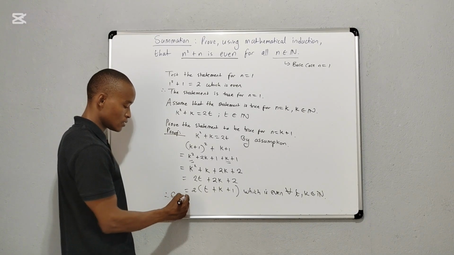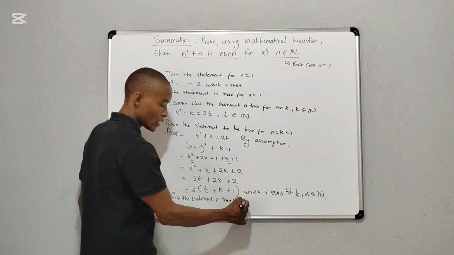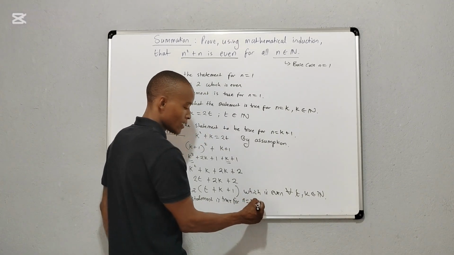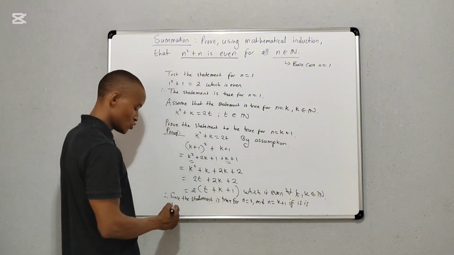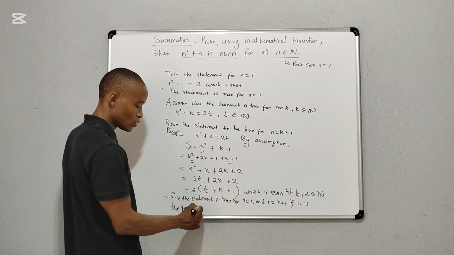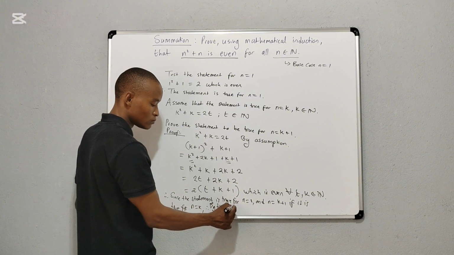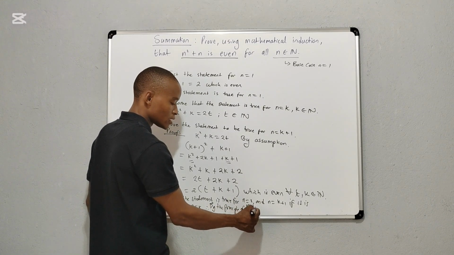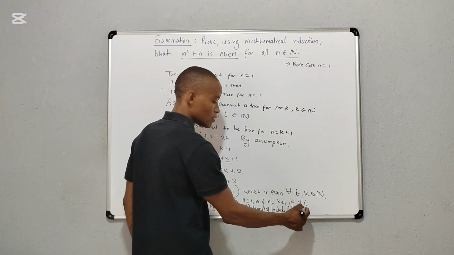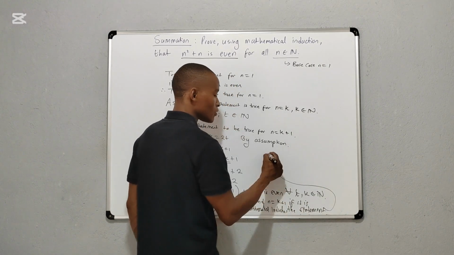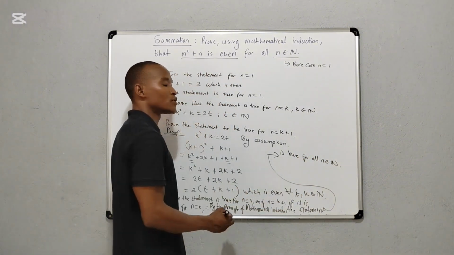Therefore, since the statement is true for n equal to 1, and n equal to k plus 1 if it is true for n equal to k, we can now say, therefore, by the principle of mathematical induction, the statement is true for all n element of natural numbers.